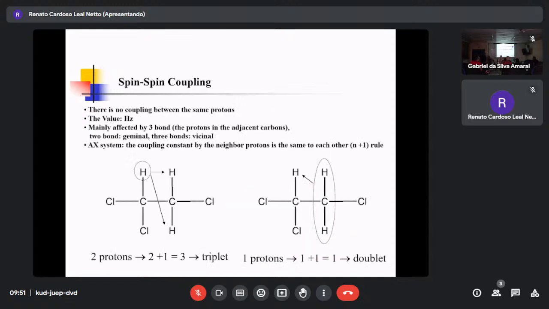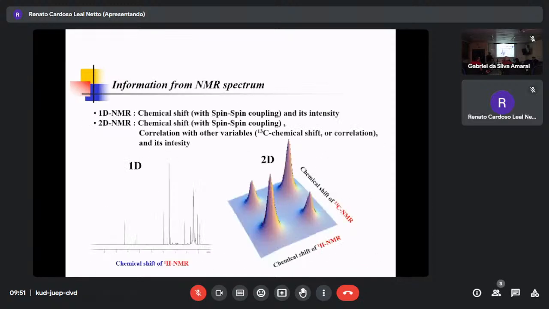So now, just one point. The scientist who had the first idea about 2D just died at the beginning of this year. Ernst is the guy who posed the first idea in NMR in 1971, 72.